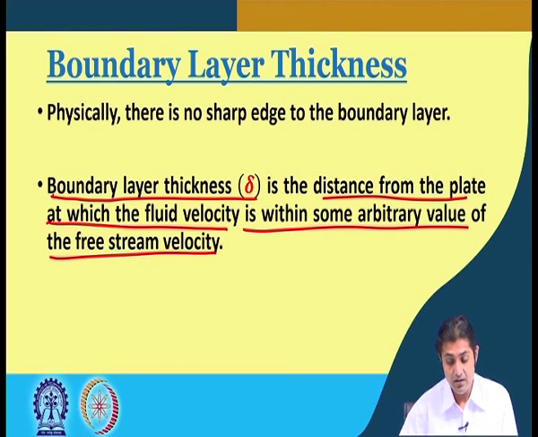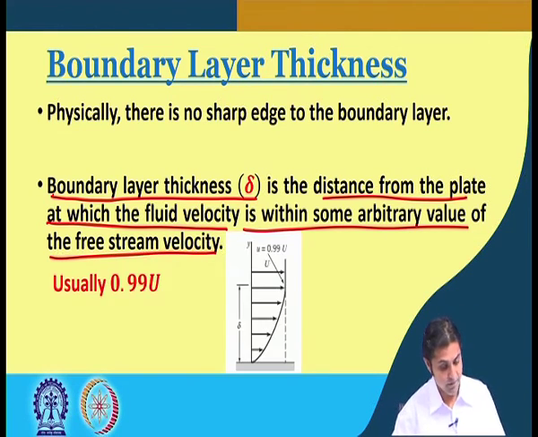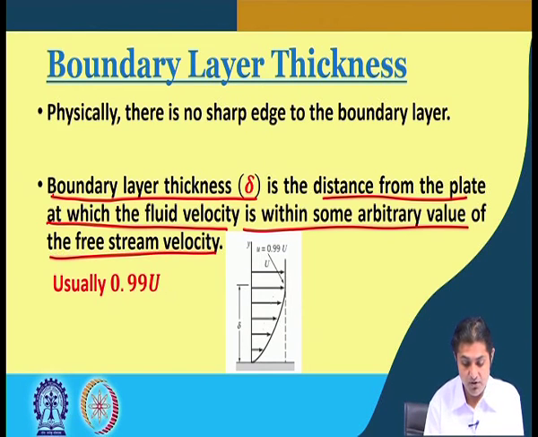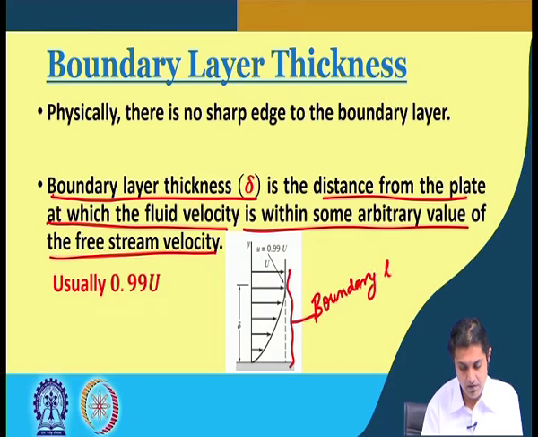Ideally, at the top of this boundary layer, the velocity should be equal to the free stream velocity. So, this is the boundary layer. Because of this, the velocity is going to be 0 at the wall, and at one point we have to consider where the boundary layer ends.